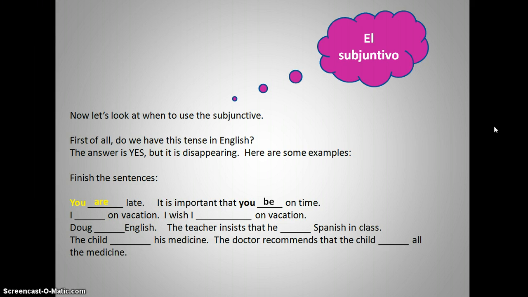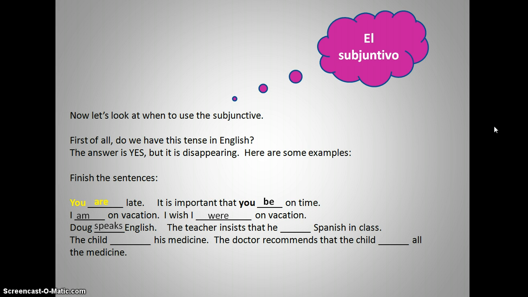And the reason why is because this is the subjunctive. So note, you can compare and contrast the two sentences. The second one, I am on vacation. Now, how about the next one? I wish that I were on vacation. I wish I were on vacation. The next one, Doug speaks, with an S, English.